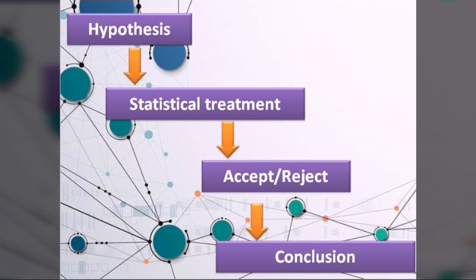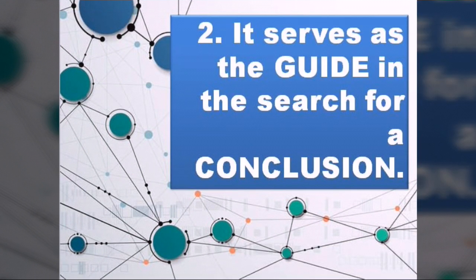Through our hypothesis, we can use statistical treatment whether we accept or reject our hypothesis so that we can arrive with a valid and conclusive result which will lead us to a conclusion. So our number 2 definition of hypothesis, it serves as the guide in search for a conclusion.